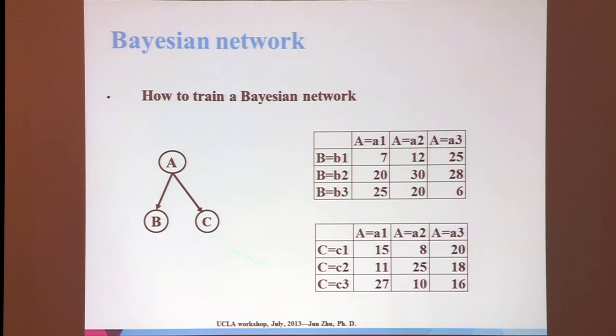So this is conditioned, and the two children are independent. You have observations from A to B, and also from A to C. Then depending on what you want to use it for, if you are using it for forward prediction, then when your A is in a special form, A1, you calculate the chance of falling into B equal to B1.